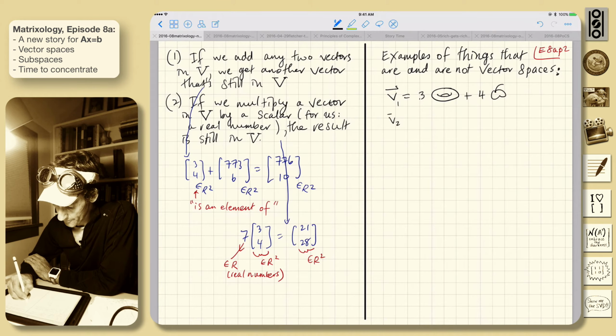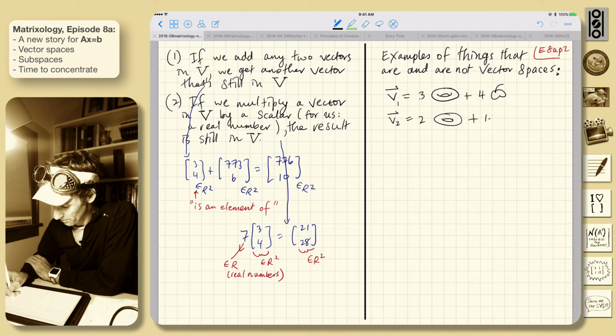Vector 2 equals 2 donuts plus 1.3 apples. So basically it's x1 and x2. If a donut makes sense and we can add them, then you should be able to do this. I'm being a little silly, but this is fun.